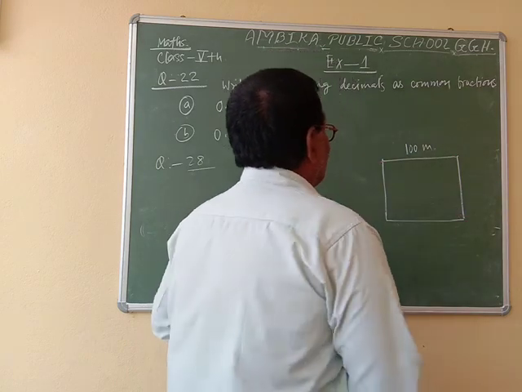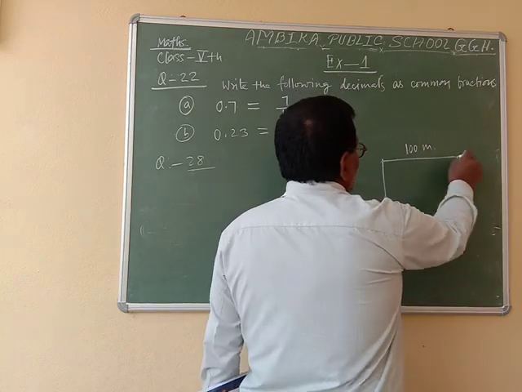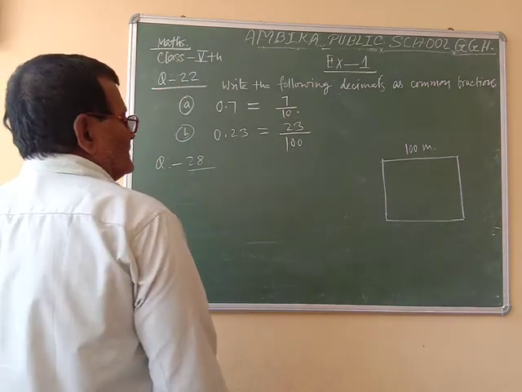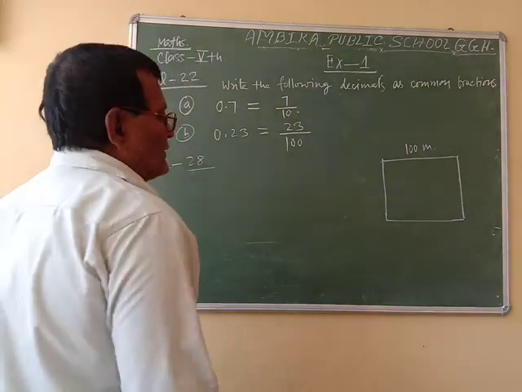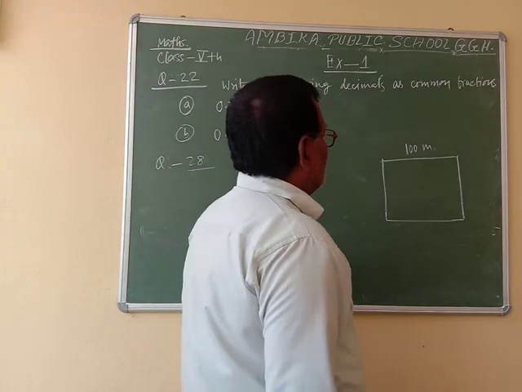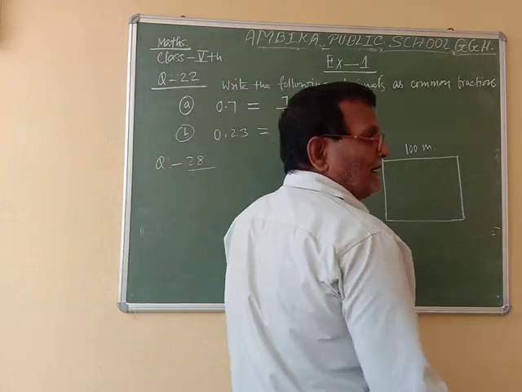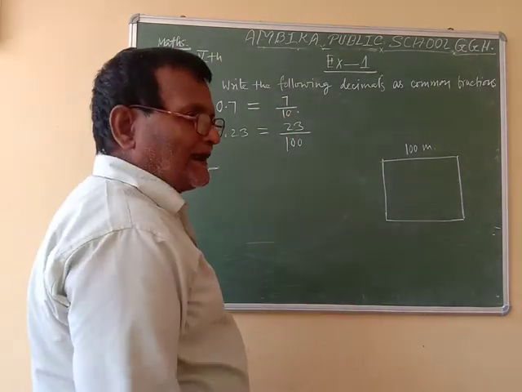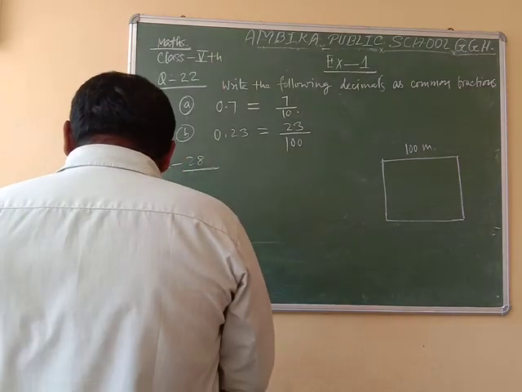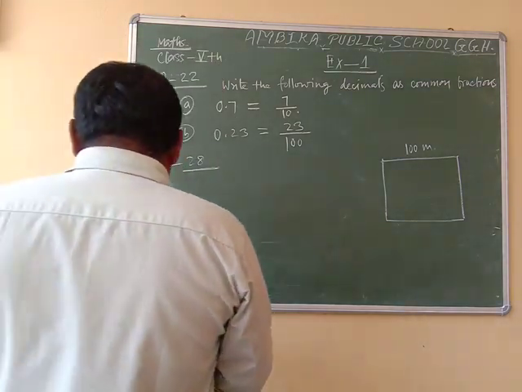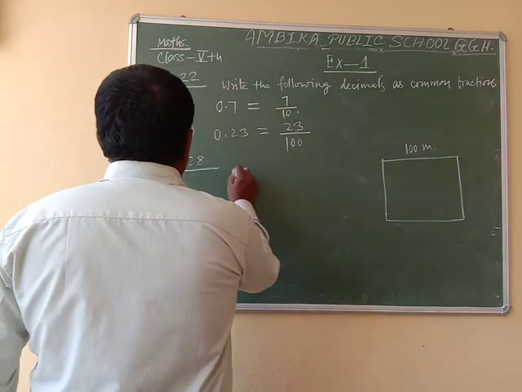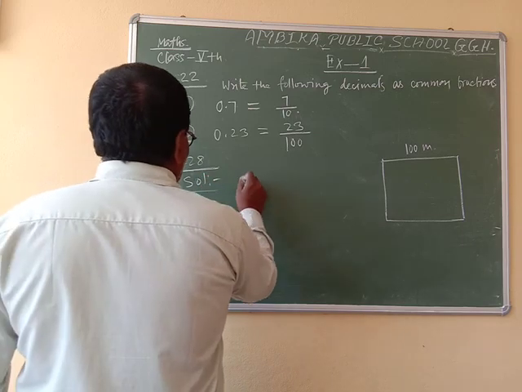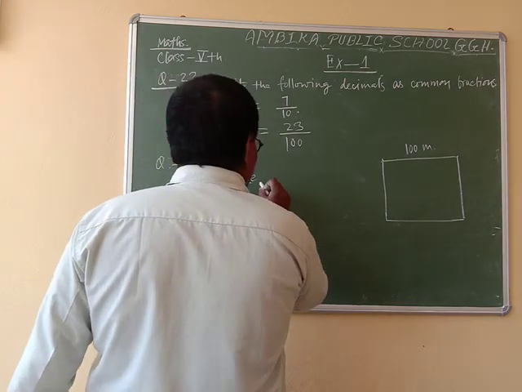It means that we have to find the length of its four sides. The length of required wire will be the sum of the length of its four sides. We know that a square has all sides equal. So, question 28.